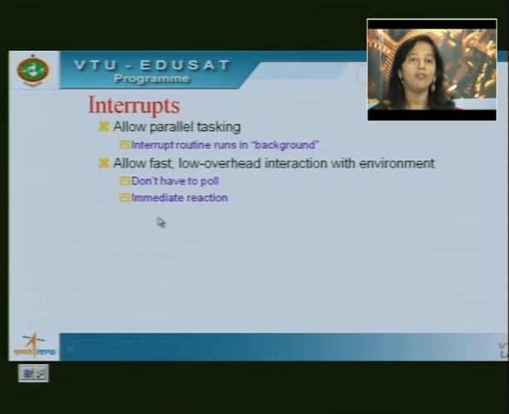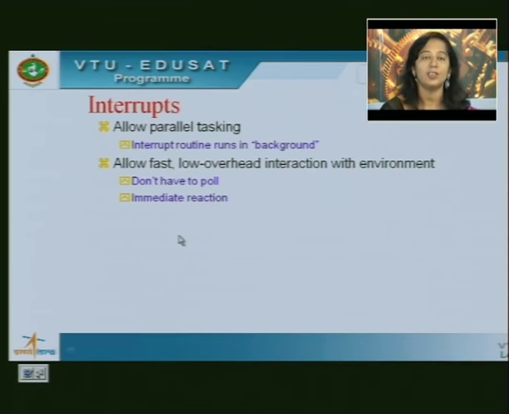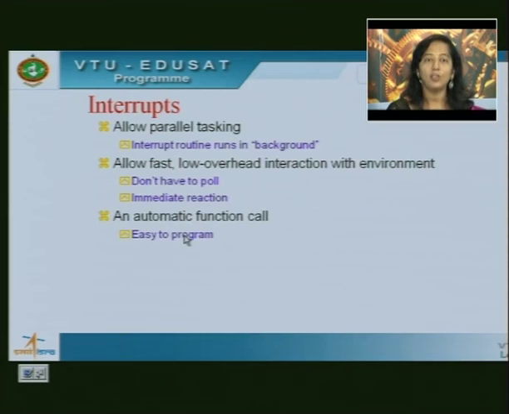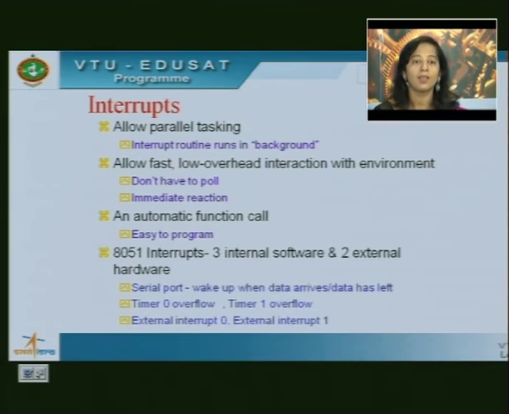So, no need of polling and there is immediate reaction to the interrupt. The CPU time is efficiently used, it is not wasted by remaining in a continuous loop waiting for something to come. It is an automatic function call, so it is very easy to write programs using interrupts.